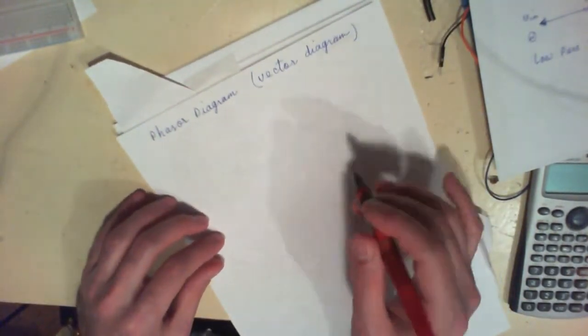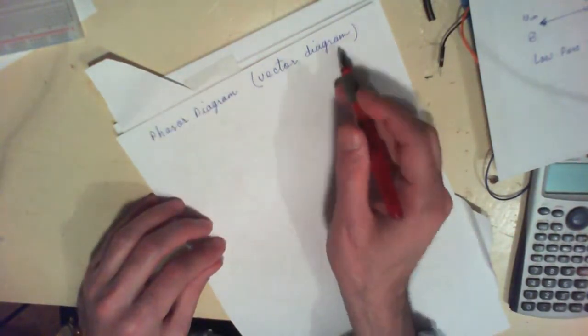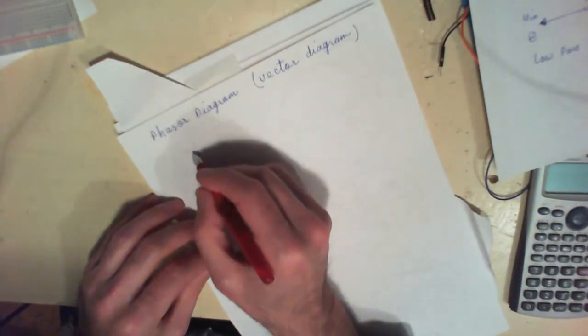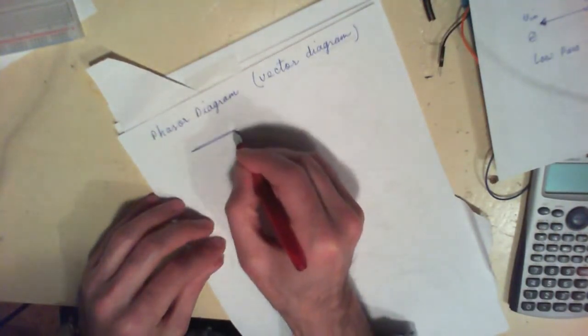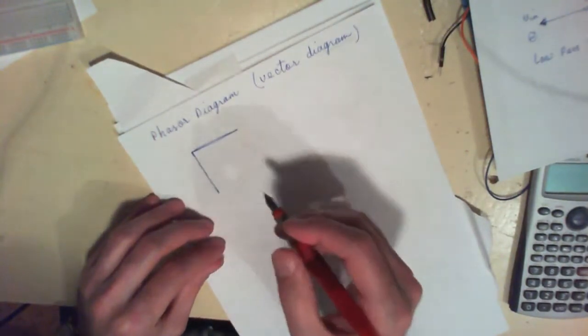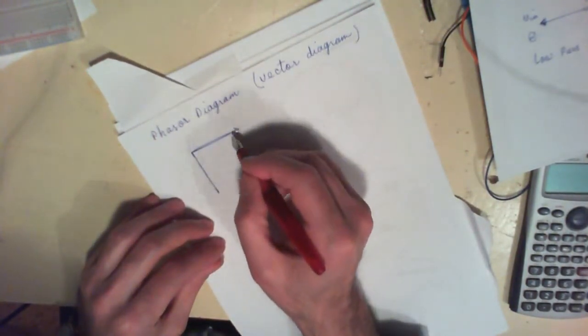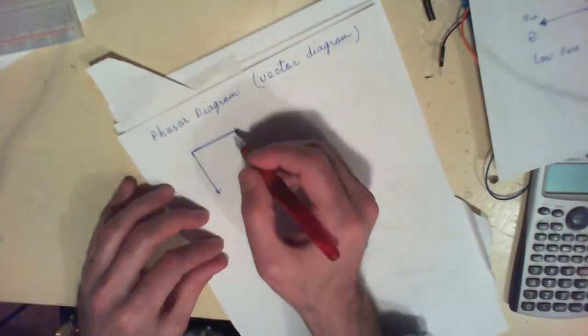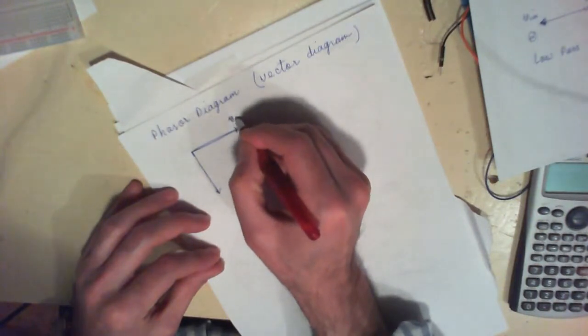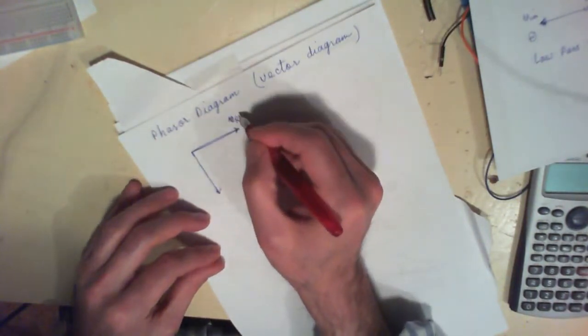So how a phasor diagram or vector diagram is used in this context is that you have this vector over here, which is the voltage across the resistor.